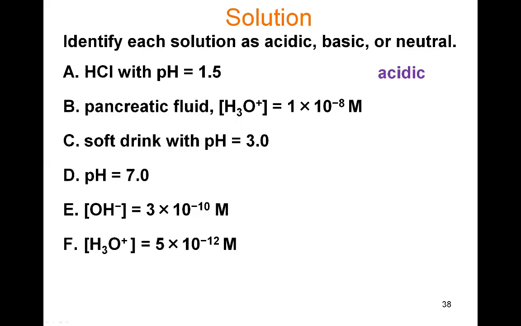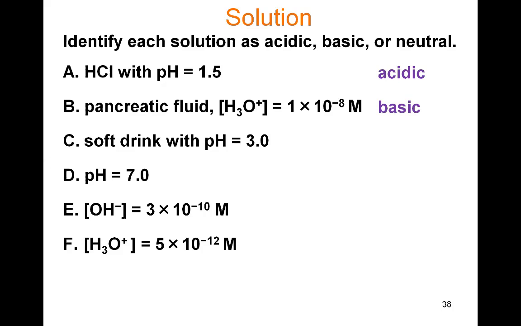If H3O+ is smaller, that means OH-, the hydroxide ion, will have a greater concentration. And that tells you it's a basic solution, because basic solutions have more OH- ions than H3O+ ions.